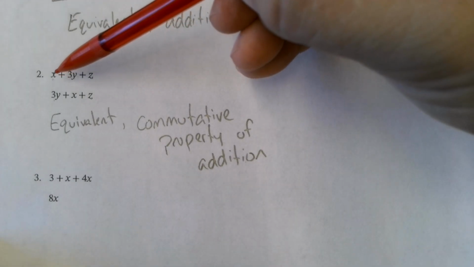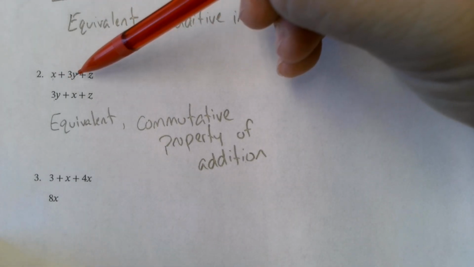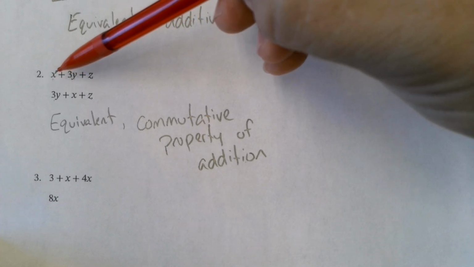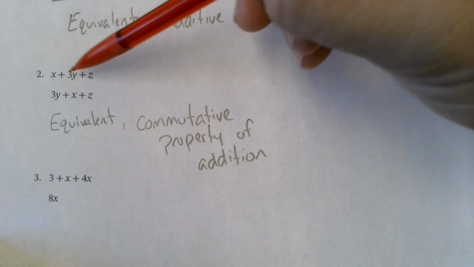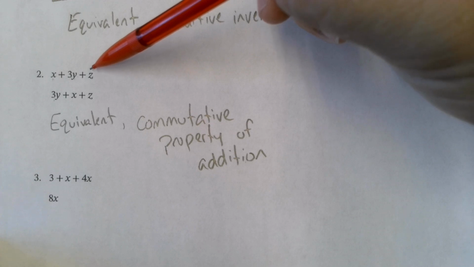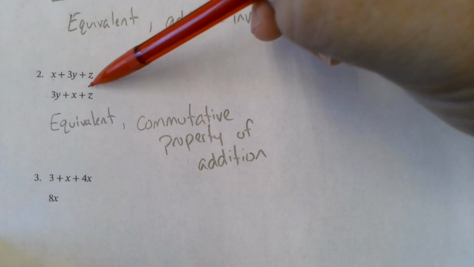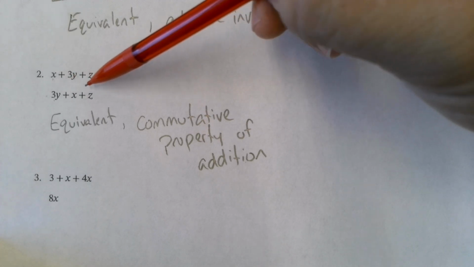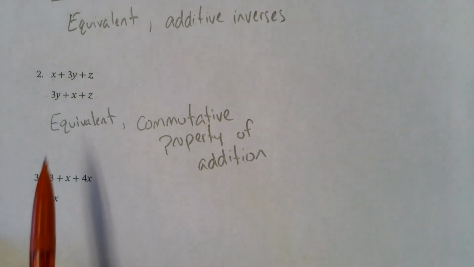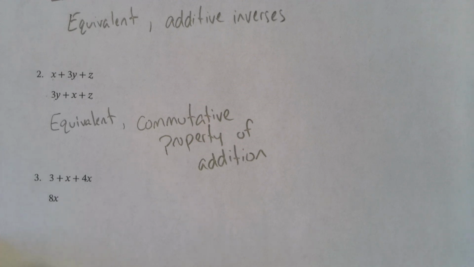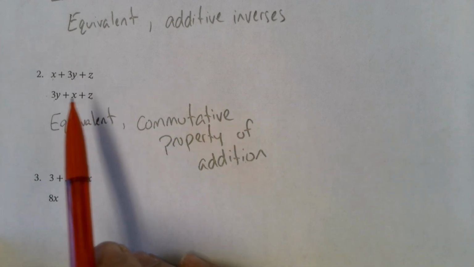If we said this was 1, 2, and 3, well, 1 plus 3 times 2 is 6. So 1 plus 6 plus 3 would give me 10. Well, if I had 6 plus 3 plus 6 plus 1 plus 3, that's also 10. So no matter how I add them, it would give me 10. So they are equivalent expressions.